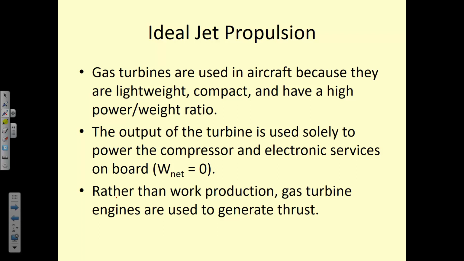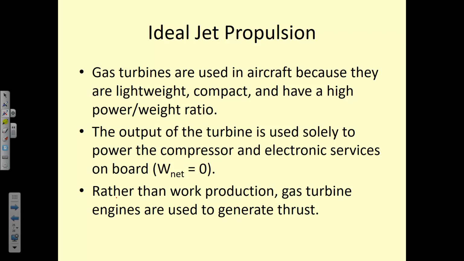And then jet propulsion, just a few comments on this, because we're using gas turbines oftentimes in aircraft. And as I mentioned before, the ultimate goal isn't to have a net work output, it's to have thrust. So the output is generally primarily for thrust, and there's just a little bit that goes entirely back into the system.